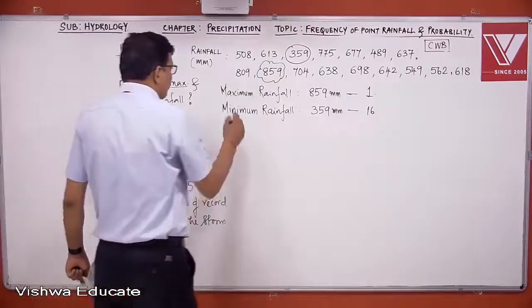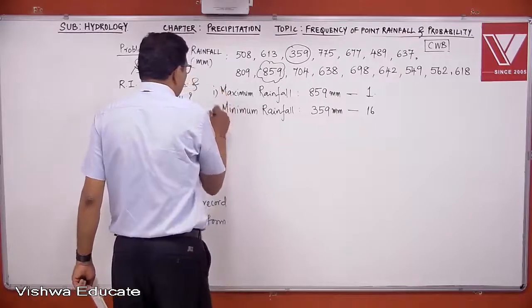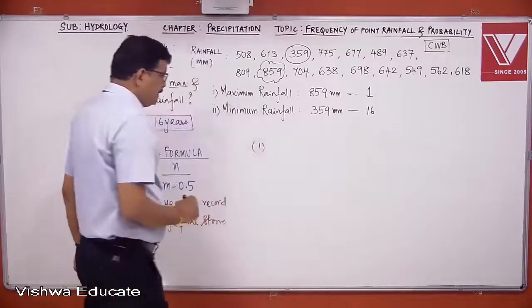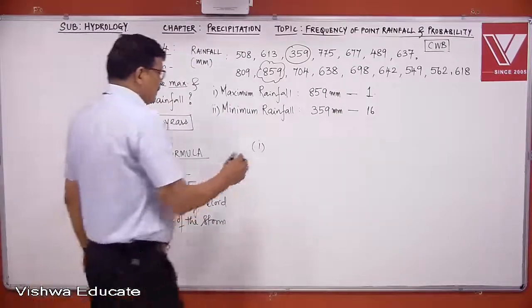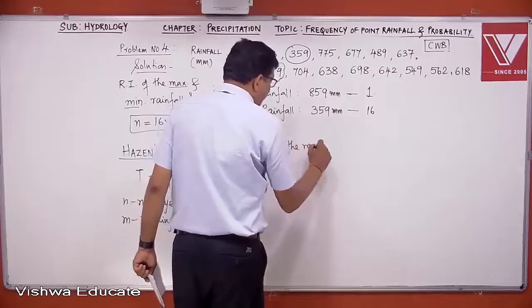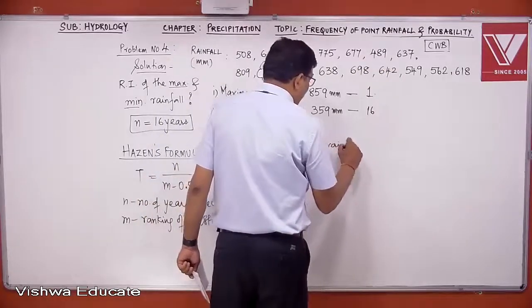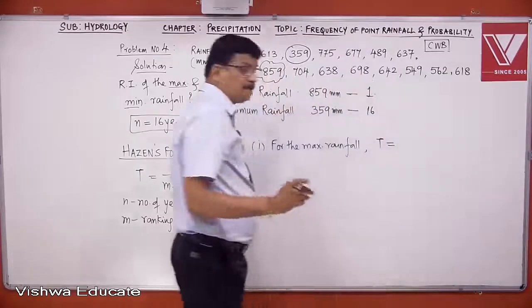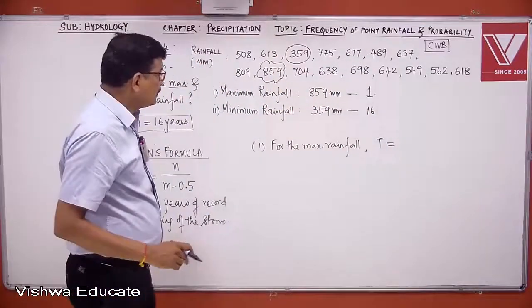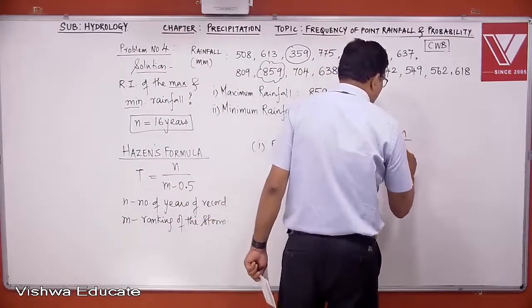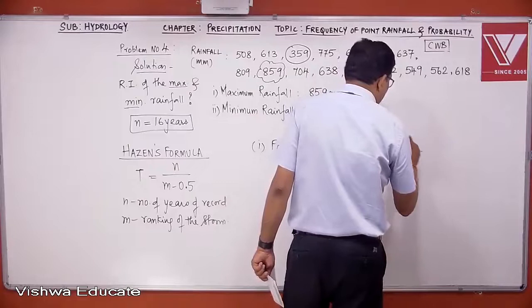So this is the first one and this is the second one. For the first one, that is for maximum rainfall, now T is the frequency. So T equals n by m minus 0.5.